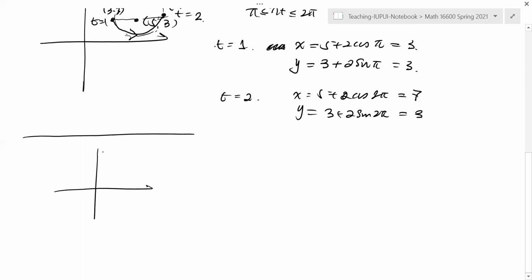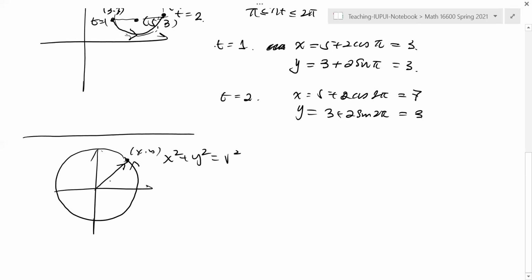How to describe a circle? When you're given x squared plus y squared equals r squared, the standard method is to take an arbitrary point x, y, then draw the line, and you have the angle here, theta. So x is going to be r cosine theta, y equals r sine theta.